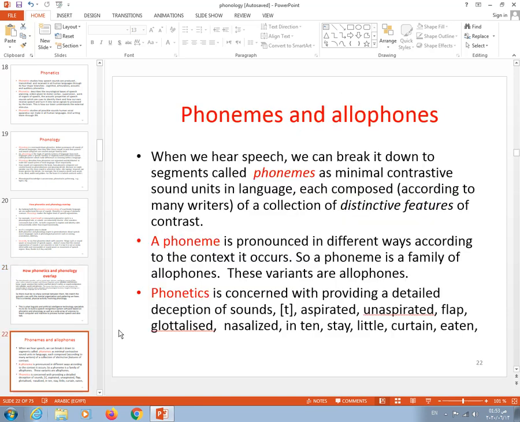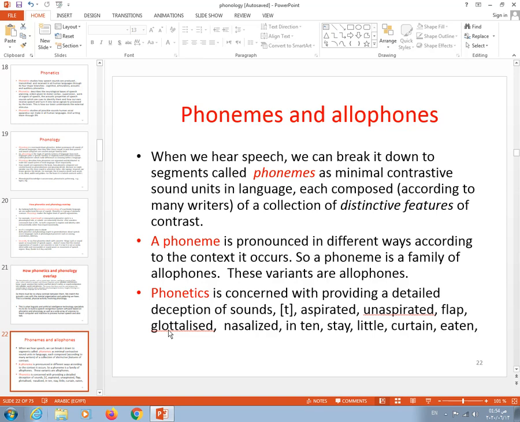Then I'm going to finish with the distinction between phonemes and allophones. When we hear speech, we can break it into segments. These segments are called phonemes, which are minimal contrastive sound units in a language. If we change a phoneme in a particular word, we change meaning. So phonemes are sounds which make a change in meaning, and they are contrastive units.